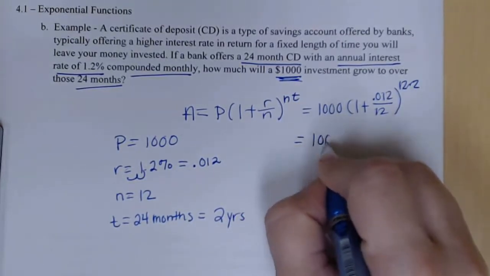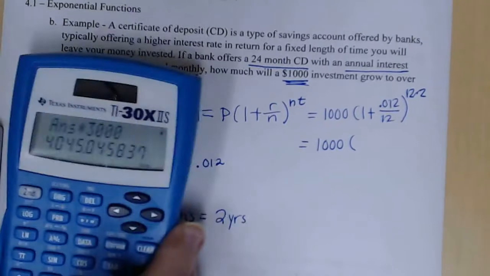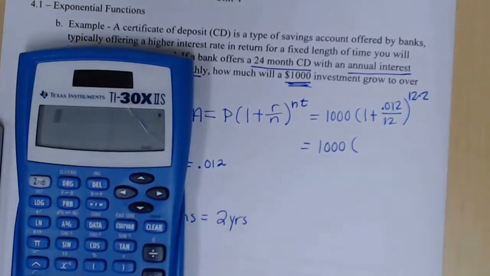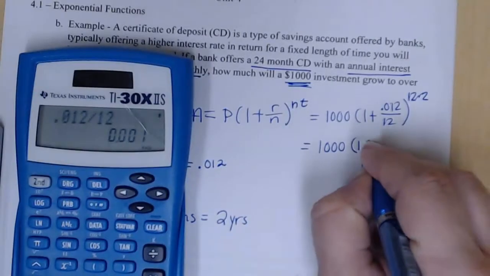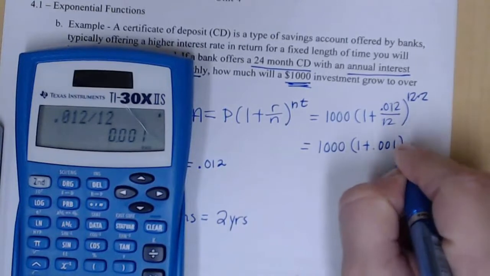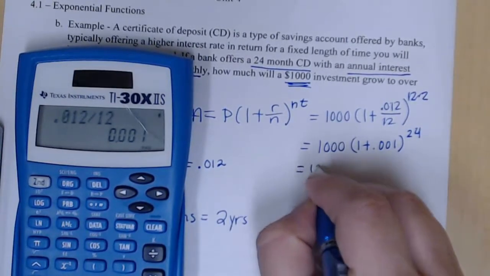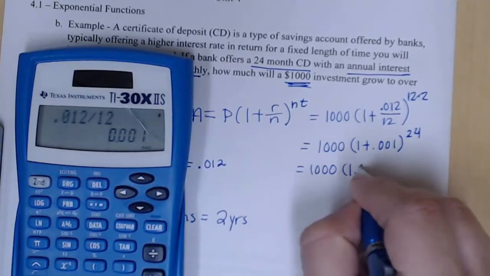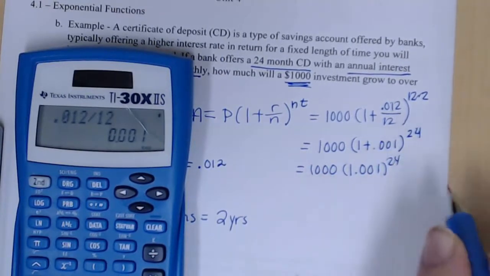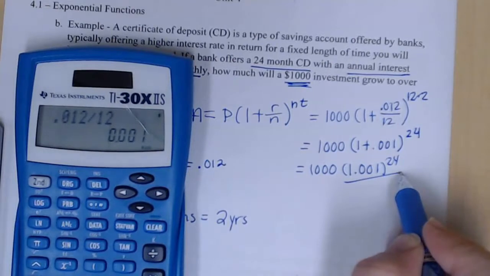So again, I'm going to do as much arithmetic as I can. I'm going to go over here to my calculator so you can see what I'm doing. 0.012 divided by 12. So I'm going to say 1 plus 0.001. 12 times 2 is 24. So that would be 1,000, 1.001 to the 24th. Again, I want to raise this exponent first.